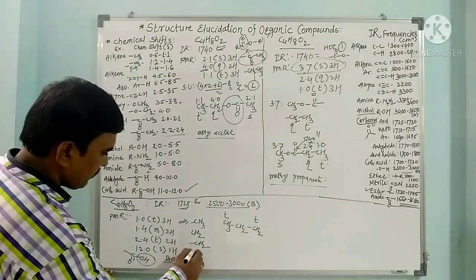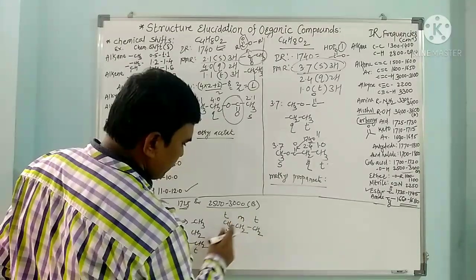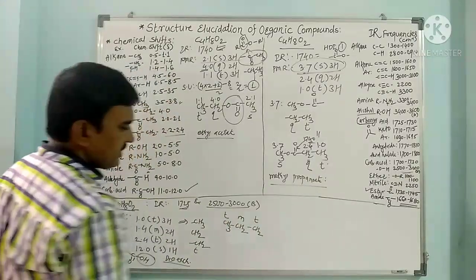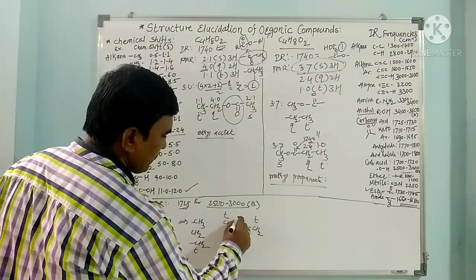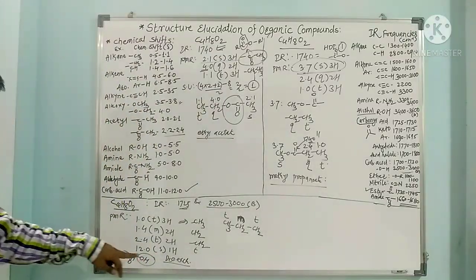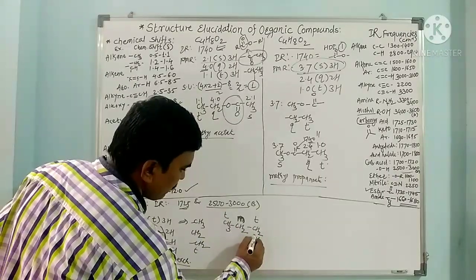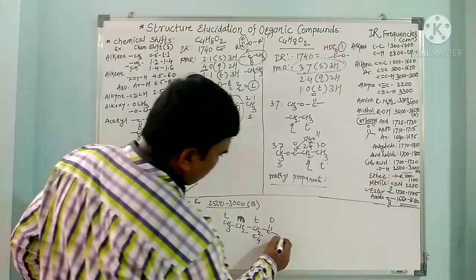The multiplet means 3 plus 2 is 5, 5 plus 1 is 6, so it is called a hextet; from 5 peaks and above we can say multiplet. What remains has chemical shift 2.4, so it must be attached to carbonyl, and here there is OH.